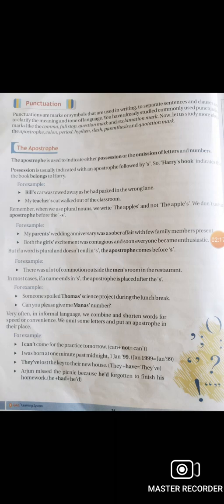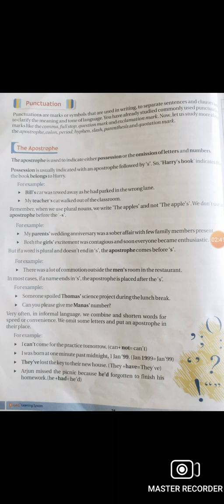In the same way, we have some plural nouns which don't end in s. In that case, we will put the apostrophe and s after the last letter. And if there is a noun which ends in s, in that case we will put only an apostrophe and not s to show the possession.